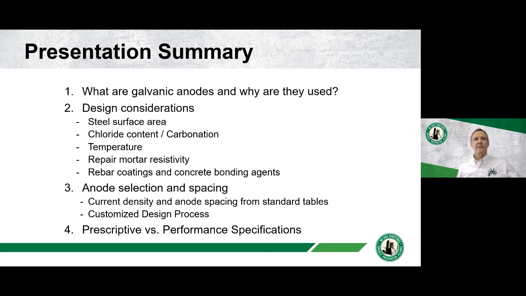We will talk about the subpoints in more detail as we go through the sections. And relatively near the end, I want to talk a little bit about specifications, and I think if I look into the future, I see this industry moving more towards performance-based specifications than is the case today, and I think that's going to be a good thing for all parties involved.